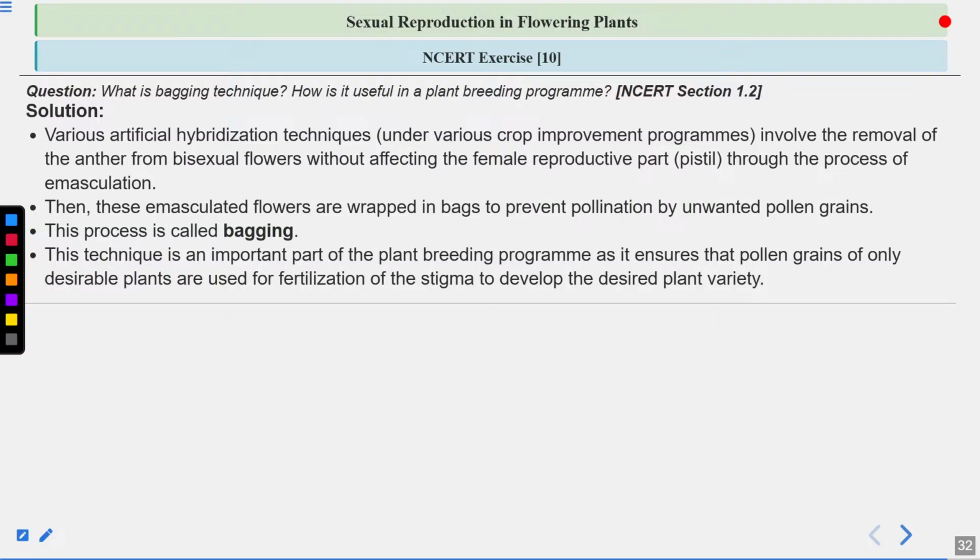You have some desired plant variety, desired pollen grain, that with the help of a brush you will put on that particular flower which you have emasculated, right? And ensure that it is rebagged again.